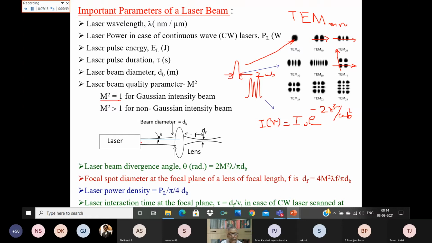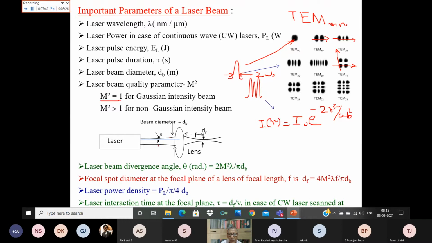As you know, any optical light wavefront, when it is apertured, and here it is apertured because this is a finite diameter, not an infinite diameter, it has been apertured to restrict the laser beam to diameter dB. So there will be a certain amount of natural divergence because of the diffraction effect.